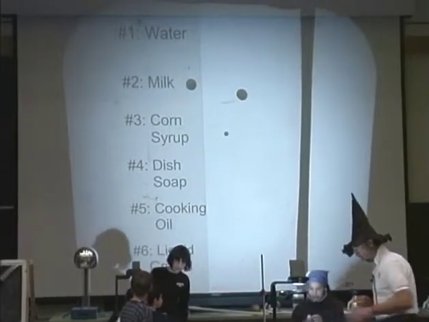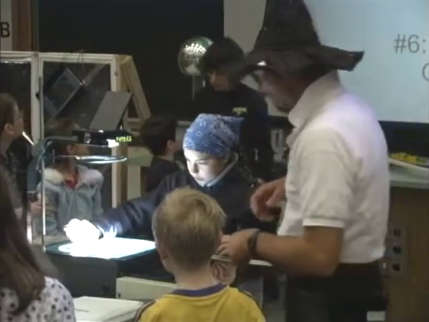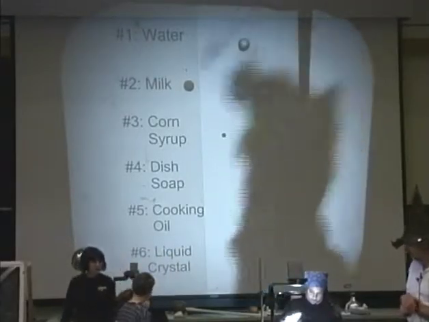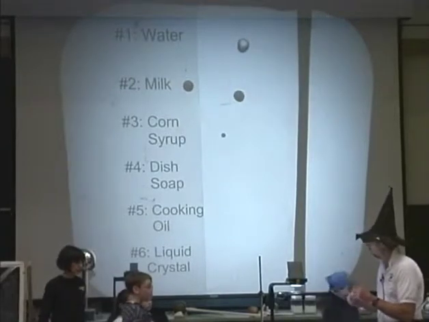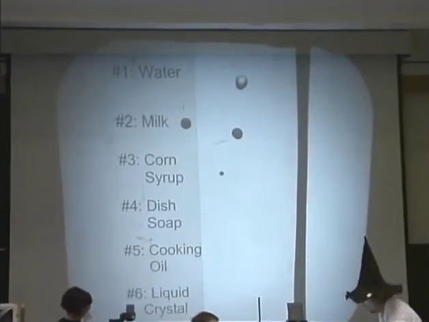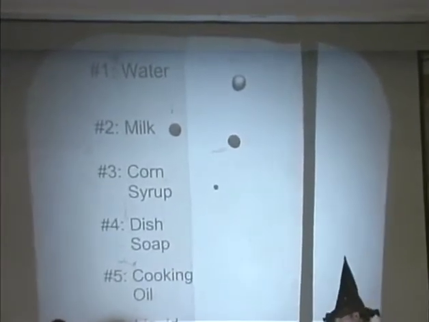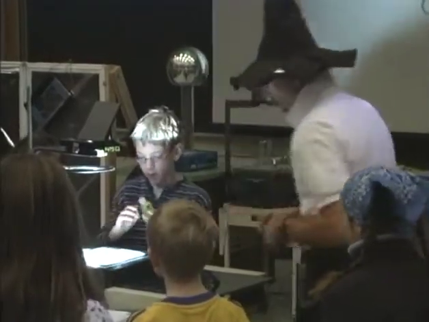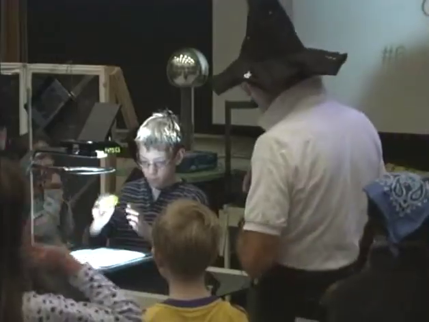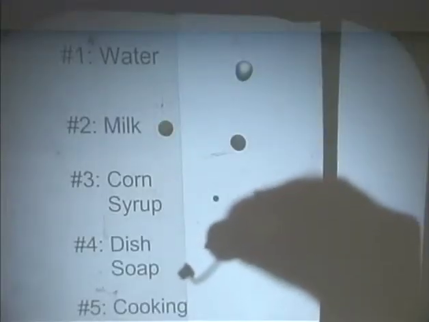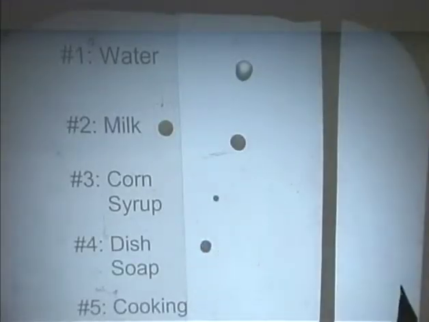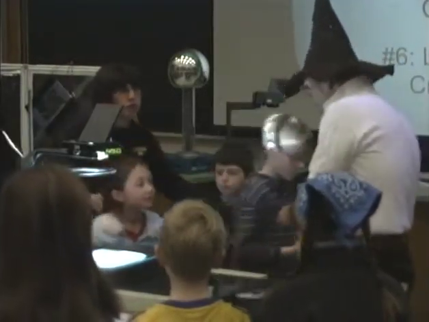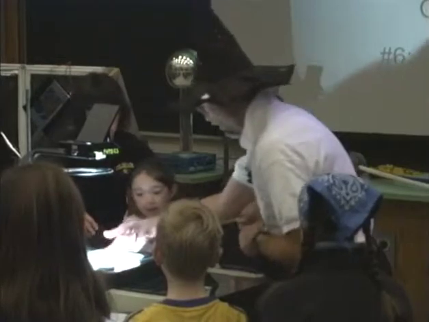Okay, so you're up on the top there. Great. You got dishwashing liquid, huh? Good. Okay, you're over there. Great. Okay. So you share with her. So they can do 2 drops. Yeah, okay, so you're here.